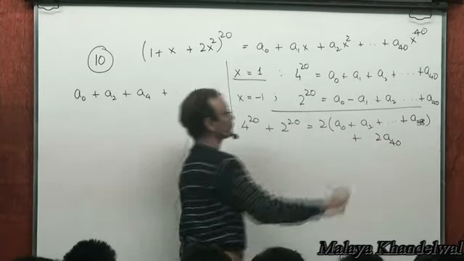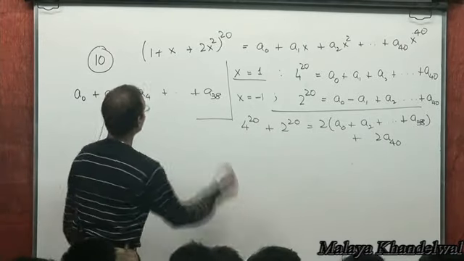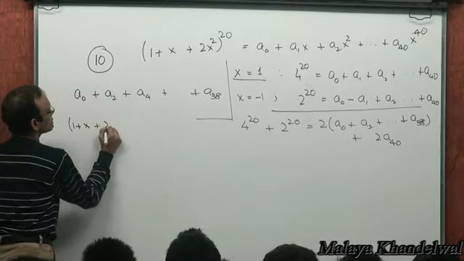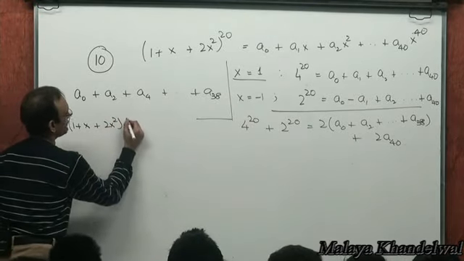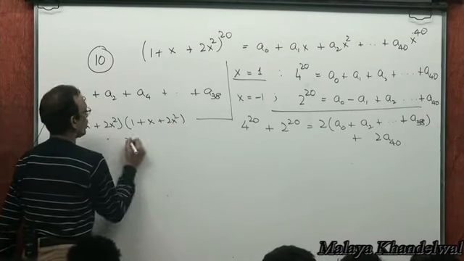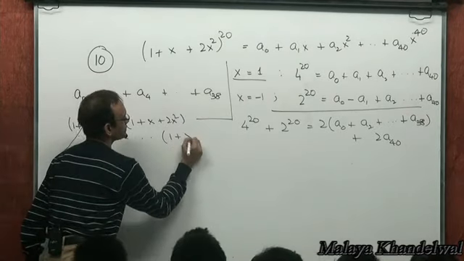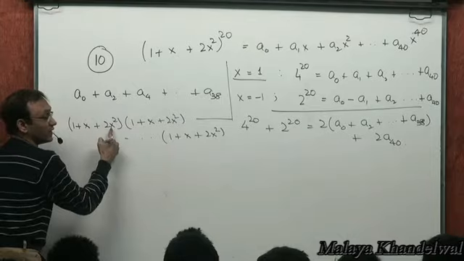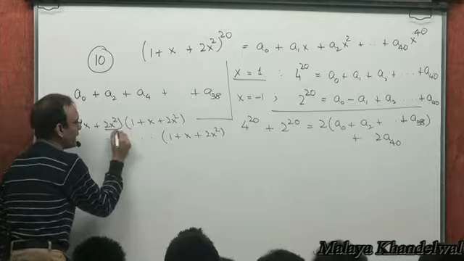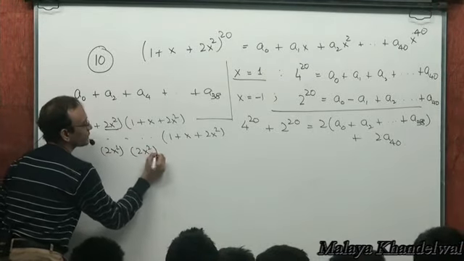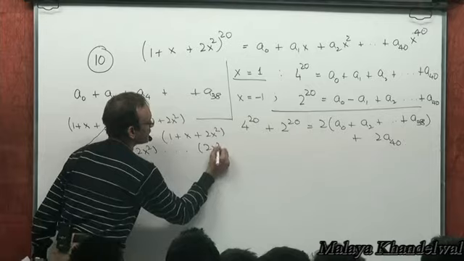Yes or no? Now, realize this expression 1 plus x plus 2x squared whole to power 20 is like 1 plus x plus 2x squared, how many times? 20 times. And the term x power 40 is obtained as 2x squared into 2x squared into 2x squared 20 times, isn't it?